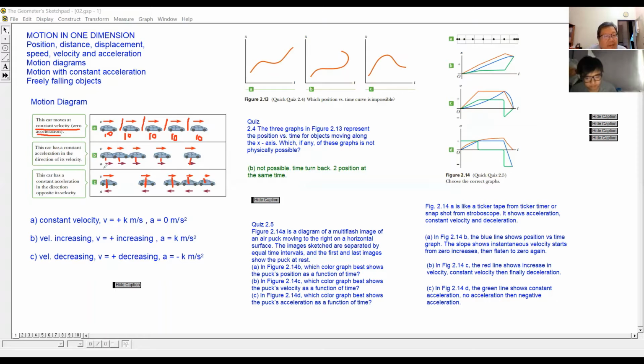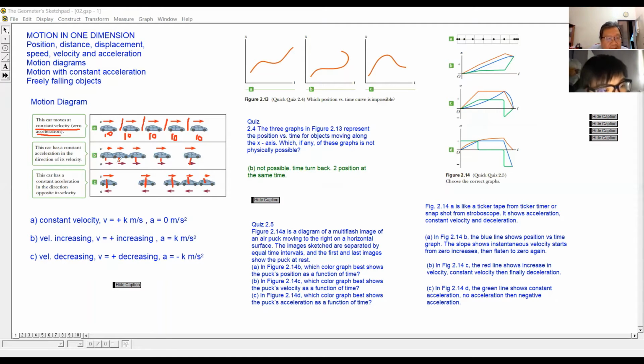Now, if you look at the second case here, the spacing increases, increases, increases. They become further and further apart. What can you say about the velocity? Is it increasing or decreasing or constant?